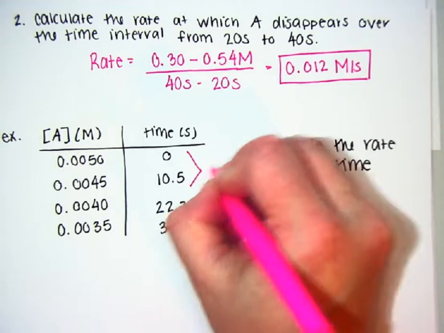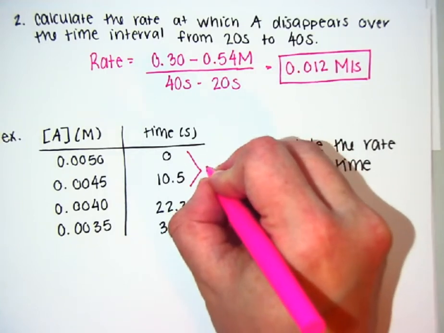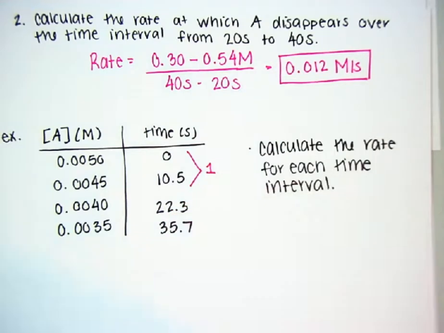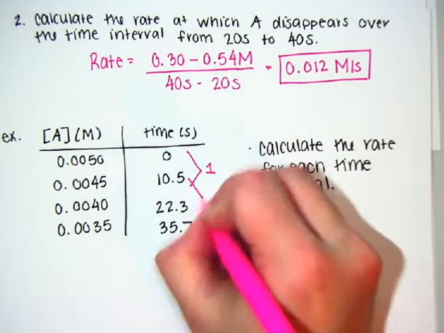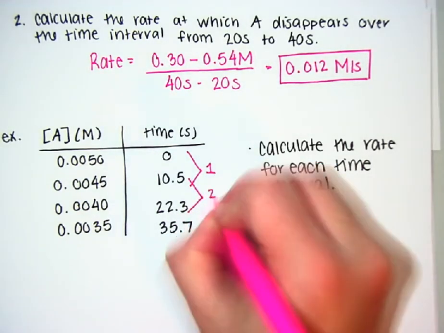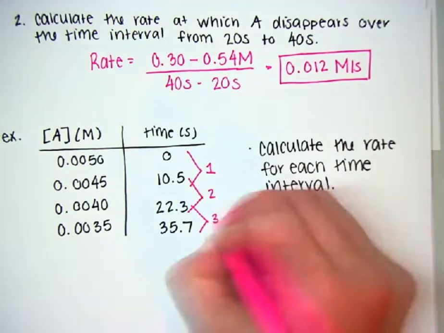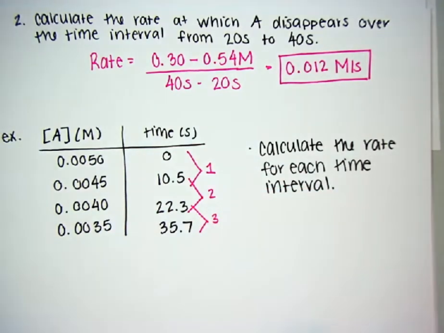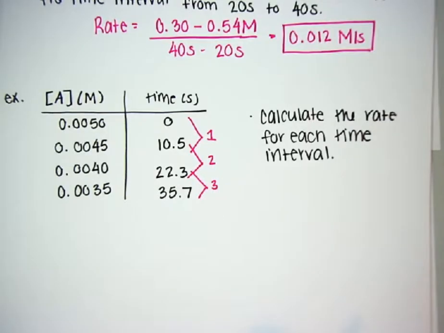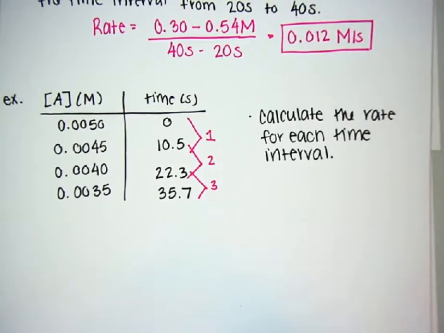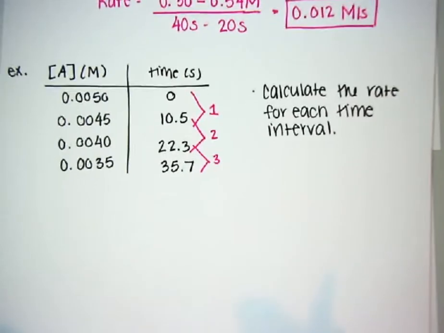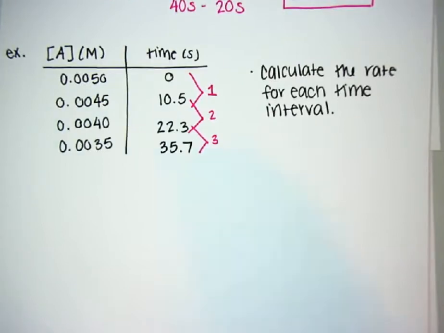From 0 to 10.5 would be the first interval. 10.5 to 22.3 would be the second interval. And then we have our third interval. So let's go through and calculate these. I think you guys can pause the video, try these on your own. This should be a pretty simple calculation.